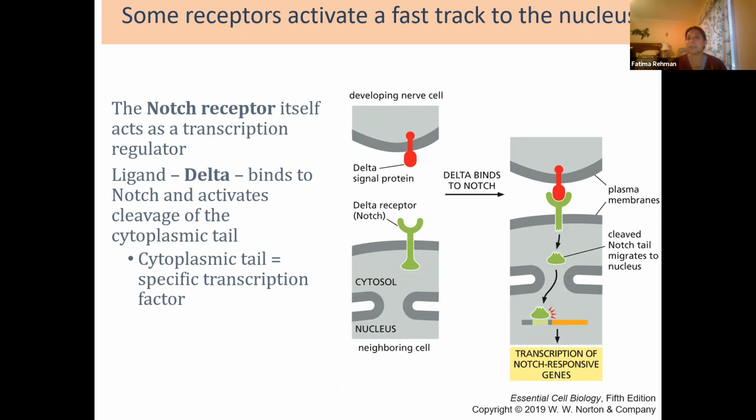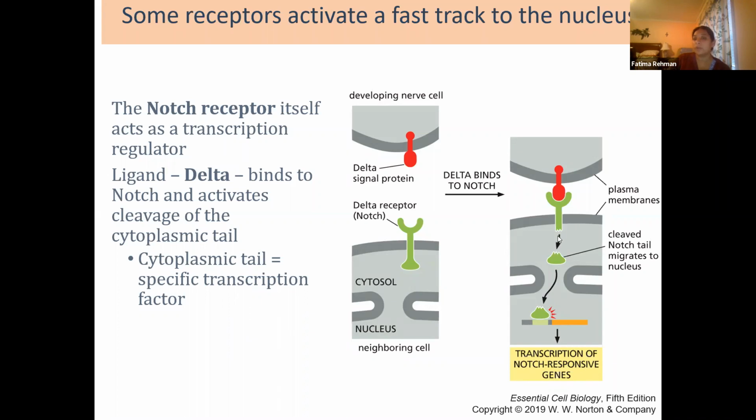Now, some receptors activate a protein that is a fast track to transcriptional regulation, leading to a little bit faster response than a typical transcriptional regulation. The Notch receptor itself is one of those, where that receptor on the plasma membrane can directly stimulate a transcriptional response by binding to a signaling protein called delta, which is usually on the plasma membrane of another nerve cell.